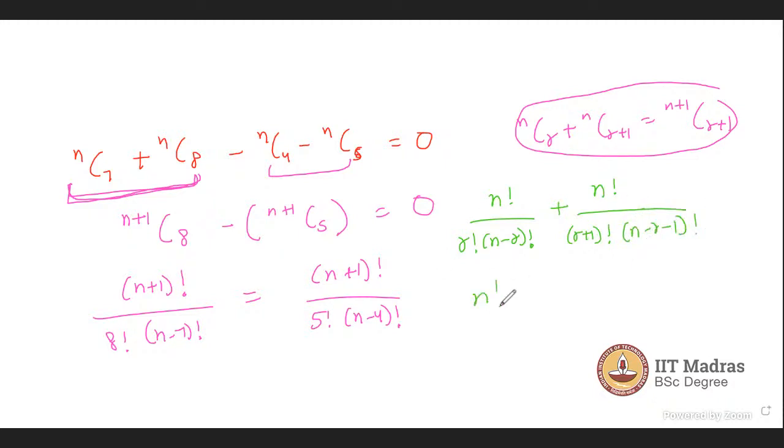Okay, and the factorial comes out. I am multiplying and dividing the first term by r plus 1, so it becomes (r+1) factorial and (n minus r) factorial. Multiplying and dividing by r plus 1 over here, and here multiplying and dividing by n minus r.